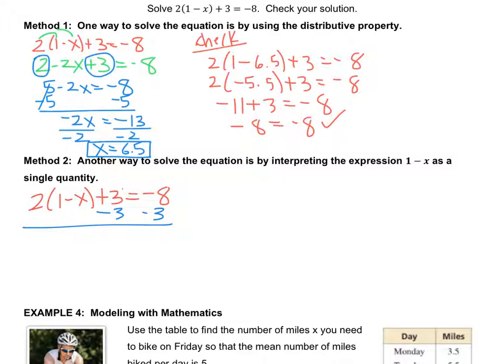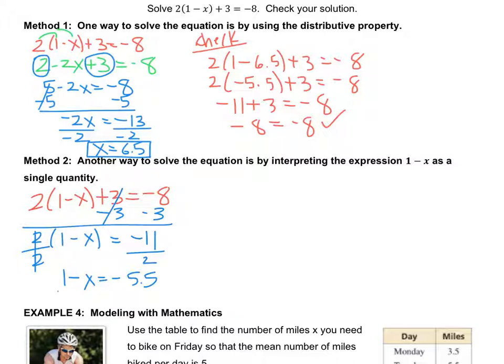You could move the 3 first, and you get 2 times 1 minus x equals negative 11. Then, what you could do is you could divide by 2 to make that go away. And the reason we can divide by 2 is because it's outside of the parentheses. So then I just have 1 minus x equals negative 5.5, and you can solve it from there, right?